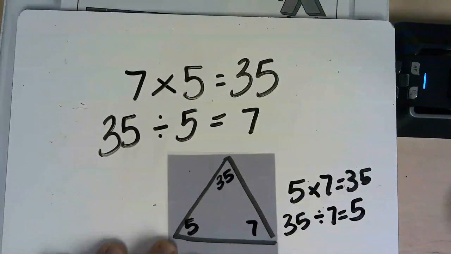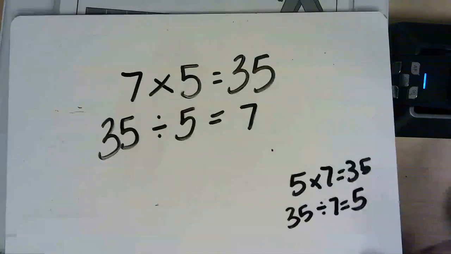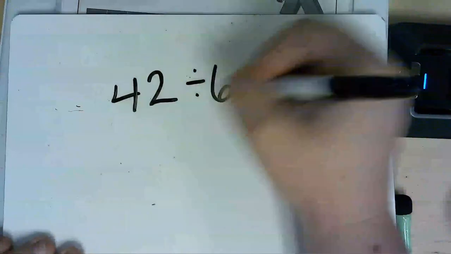Even if I don't know all of them, let me erase real quick. Say I had another problem where I'm starting with something that I don't know the answer to. For example, 42 divided by 6.